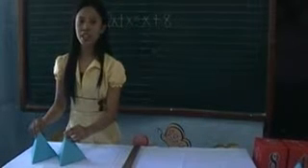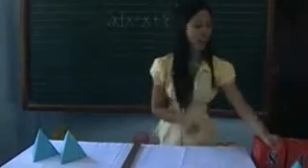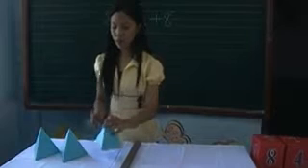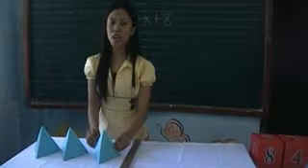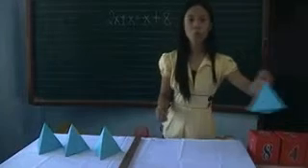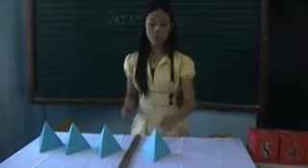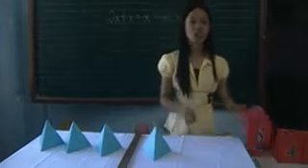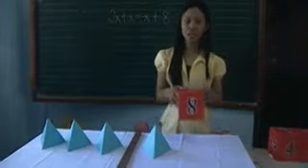Let these two blue pyramids represent 2x and another blue pyramid represent x on the left side. On the right side, we have one blue pyramid to represent x and a red cube numbered 8 for the constant 8.